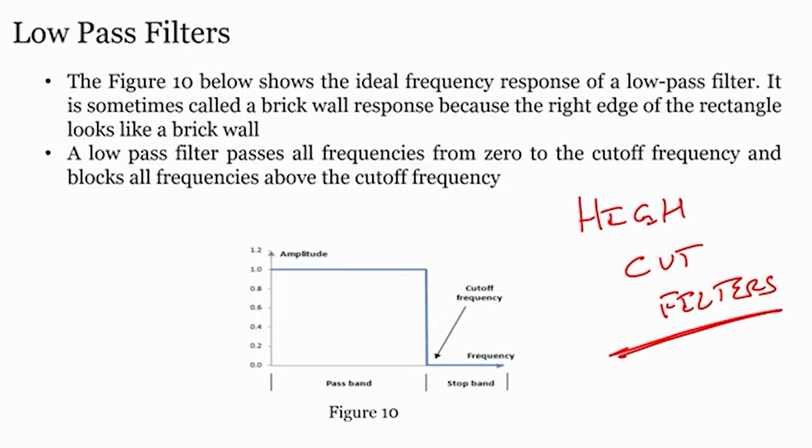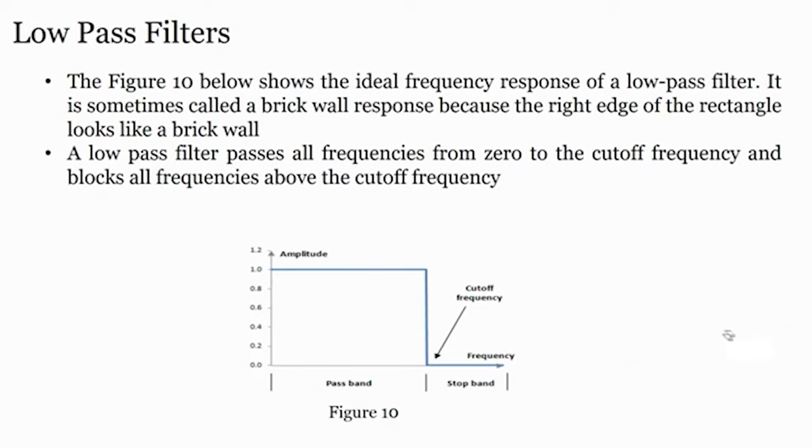Again, for high pass filters, there are first order, second order filters, we will not go into that much complication for now, we will just see high pass filters and low pass filters. Today we are learning the low pass filter, alright. Low pass filters are also called high cut filters. So if you see the circuit, or if you see the graph on the slide, what do we see? We see figure number 10, which shows the ideal frequency response of a low pass filter.